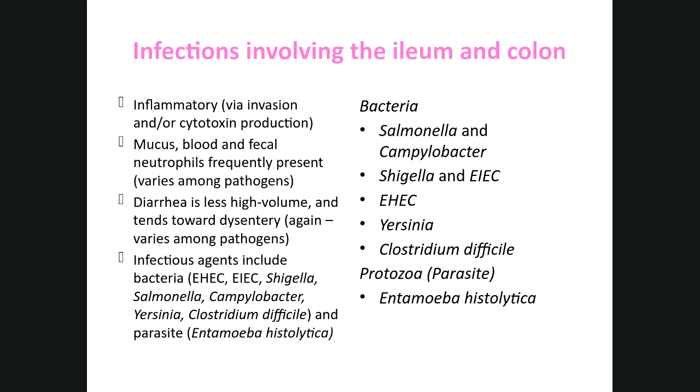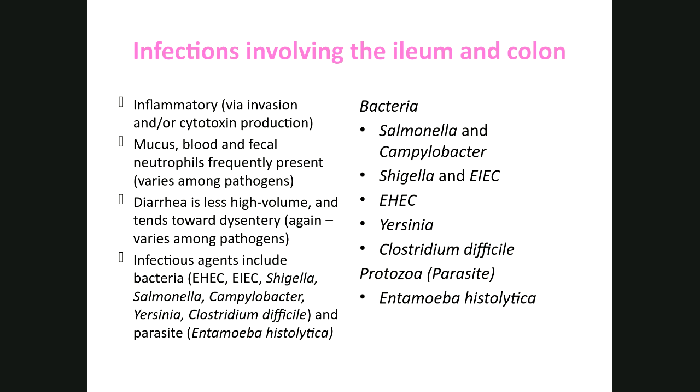This is the brief characteristics of the infections which involve the distal part of the intestine, that is the ileum and the colon. The characteristics of these infections are different from the infections of the small intestine, the portion above this.